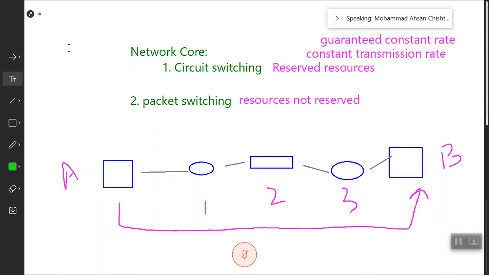I do not have any reserved guarantee that you will have a constant transmission rate of this much. No, it will depend. At some instant of time, I might have 100 kbps, and at some instant, I might get 1 Mbps. That's why internet service is known as best effort service.